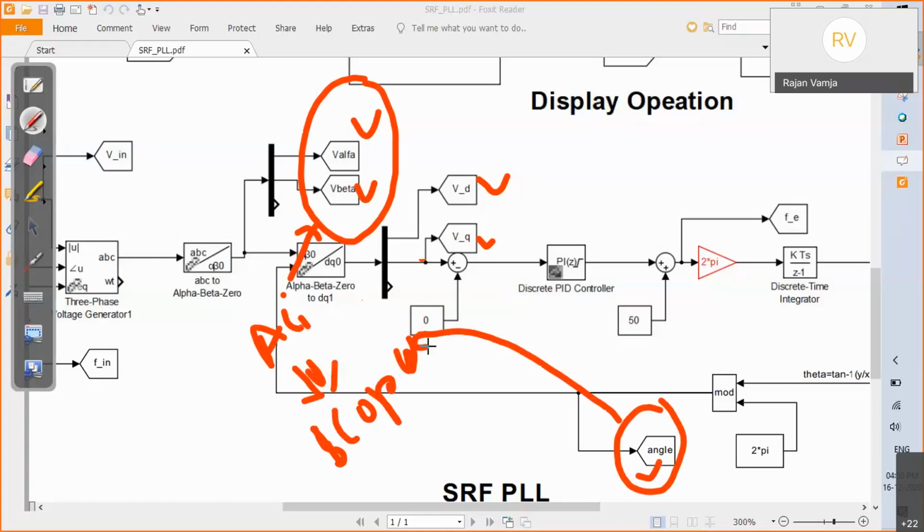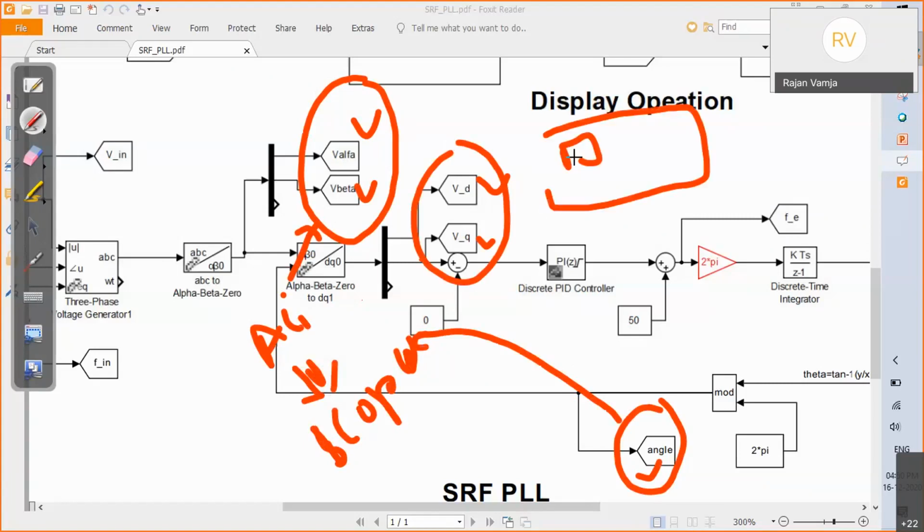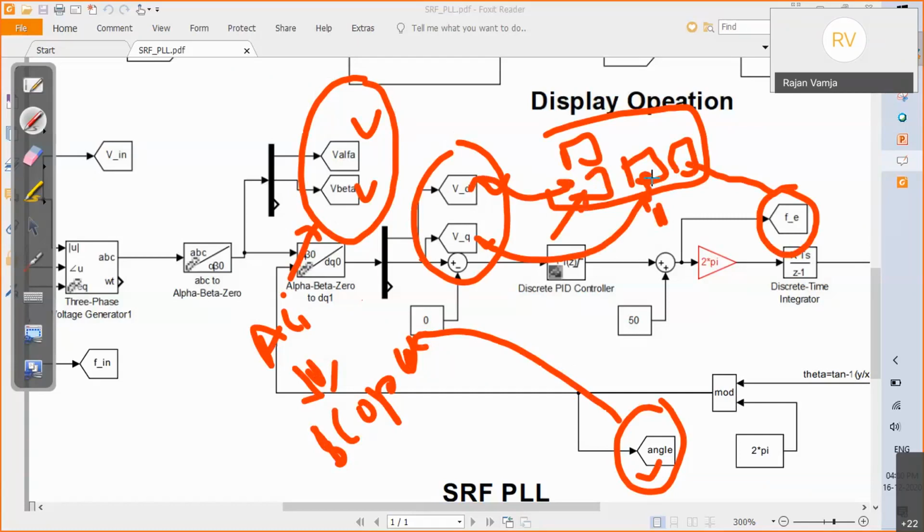It is difficult to observe over the LCD. What we can observe is VD. We have printed the VD value on the LCD. There was also the estimated frequency. So there were three blocks: one giving VD, one giving VQ, and the third giving the frequency, that is, the estimated frequency.